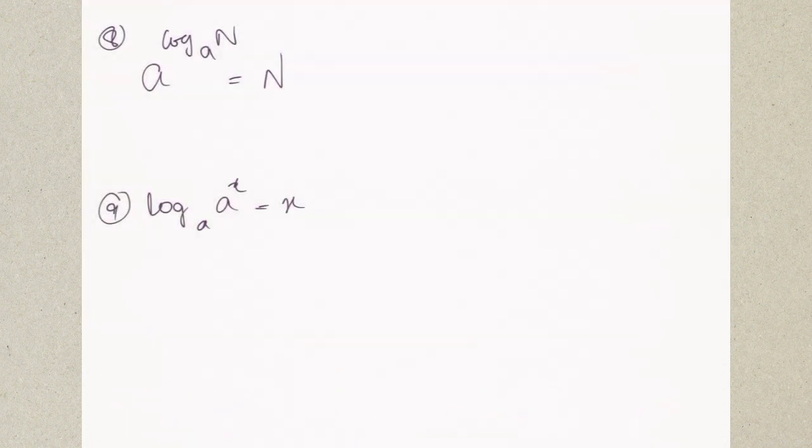Next, the property: a to the power log n to the base a is n. This is a bit twisting, but it is very easy. I'll try to explain it with an example so that it will be clear. Both things should be the same, that's why I represented them with the same letter.